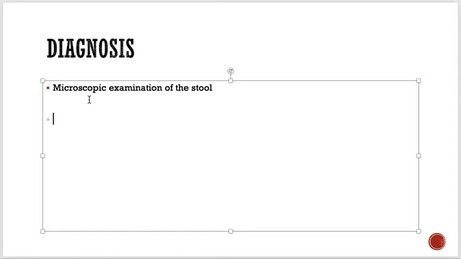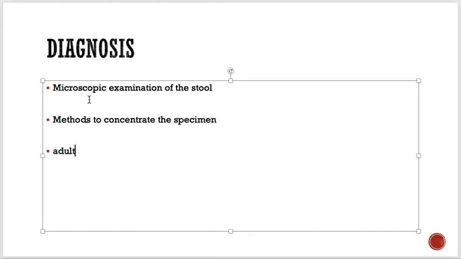But if too few eggs are present, the diagnosis can be missed. Most of the time, they produce a large amount of eggs. I told you 200,000 per day. Sometimes methods are used to concentrate the stool specimen. So of course, stool microscopy can be done.